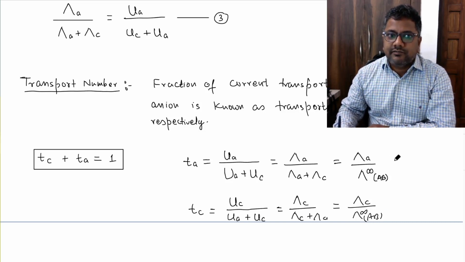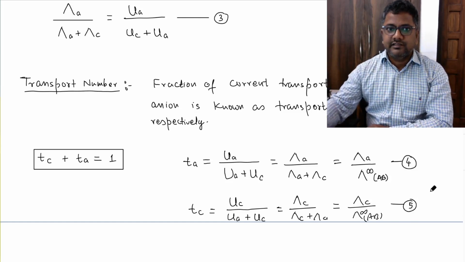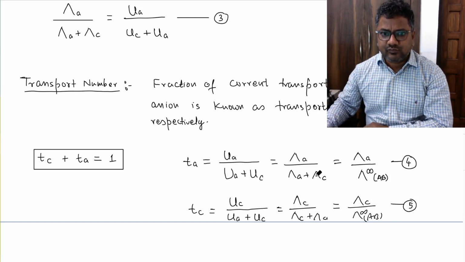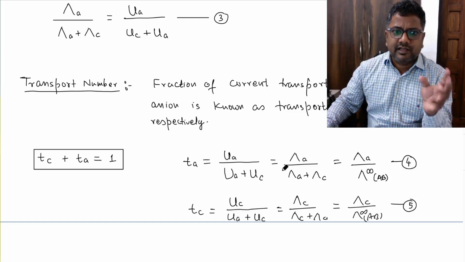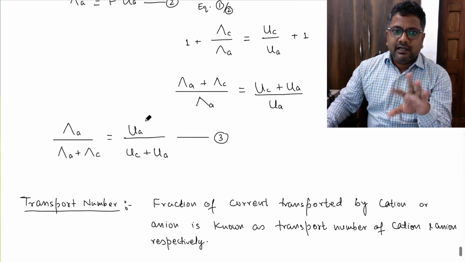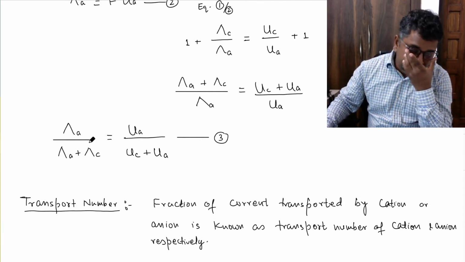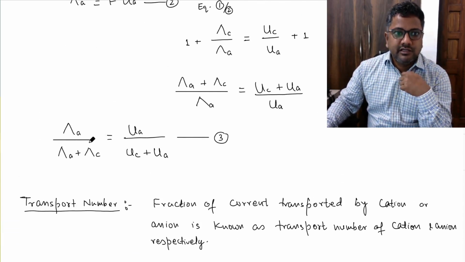These are equations 4 and 5. Now you can see that all your technical terms like transport number and ionic mobility are converted in terms of equivalent conductance.